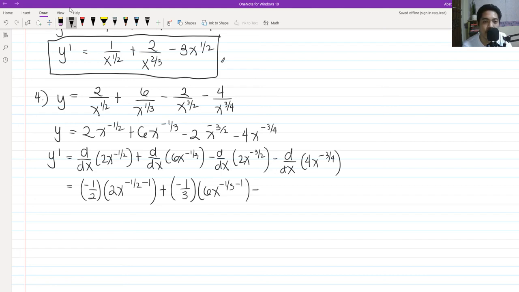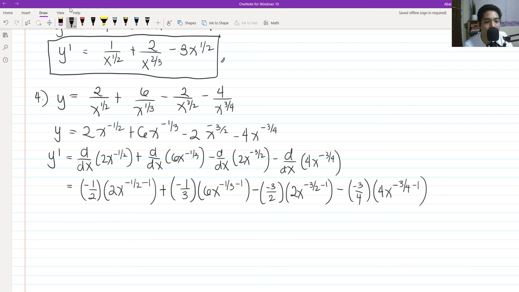Minus, I've included already the sign, negative 3 halves multiplied by 2x raised to negative 3 halves minus 1, minus negative 3 over 4 because of this n, multiplied by 4x raised to negative 3 over 4 minus 1.